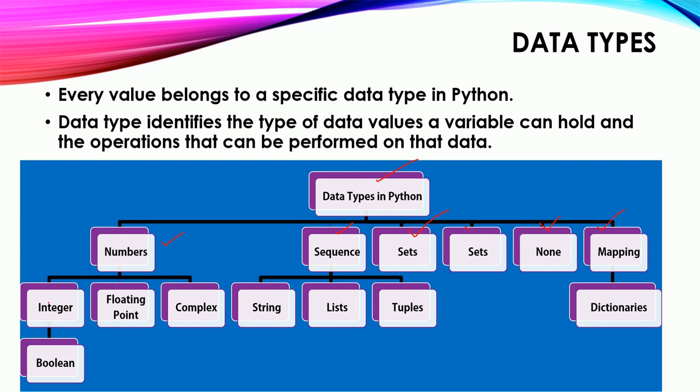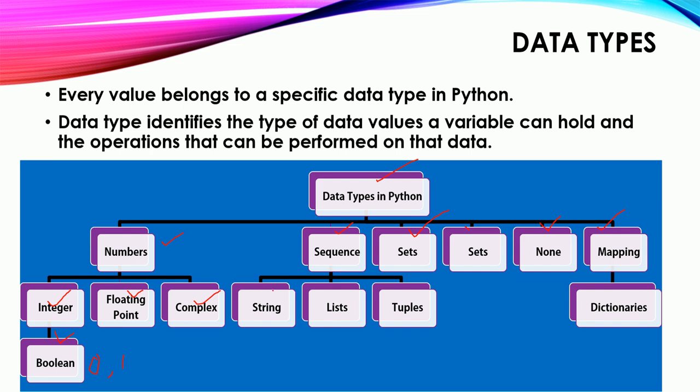In numbers we get the integer, floating point number, and complex number. Integers range from minus infinite to plus infinite, I'll tell you in the next video. Boolean type means 0 and 1, and these are also inside the integer data type.